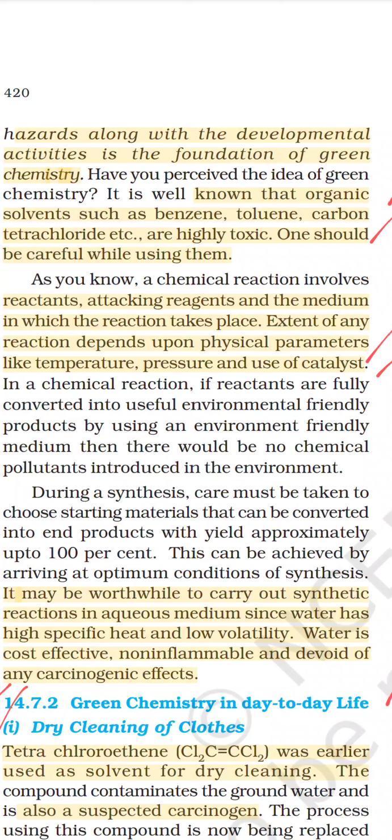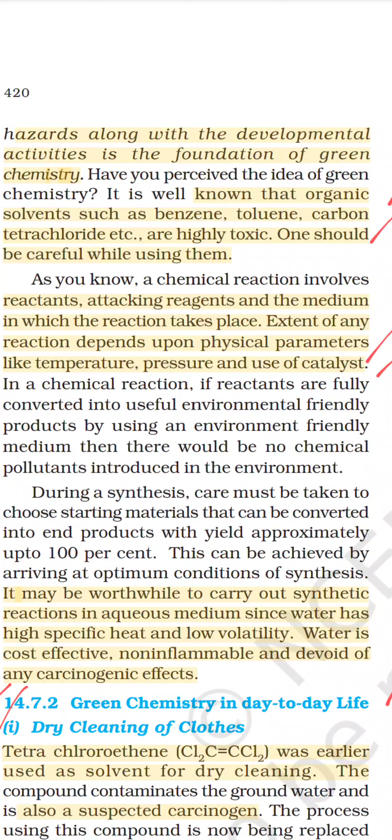During a synthesis, care must be taken to choose starting materials that can be converted into end products with yield approximately up to 100%. This can be achieved by arriving at optimum conditions of synthesis.